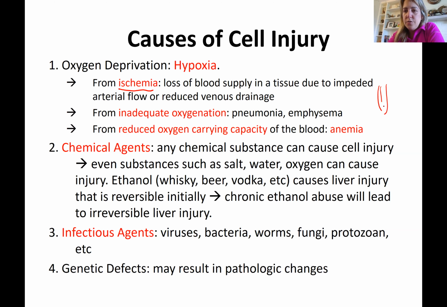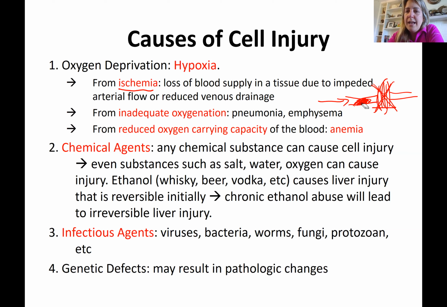So here's the tissue. Here are arteries arriving and veins leaving. If you have a blockage here, for example, atherosclerosis, which is plaques of fat inside the artery, now the blood cannot arrive to this tissue, so we have tissue death via ischemia, okay?